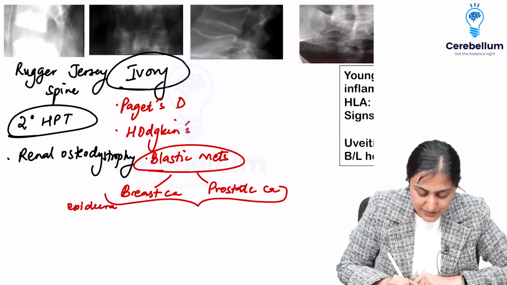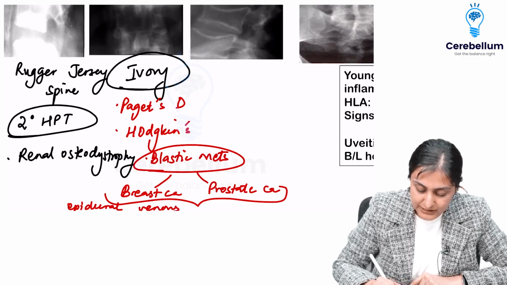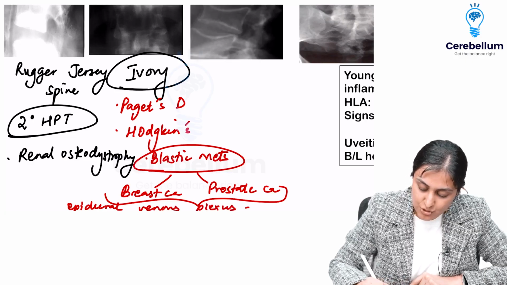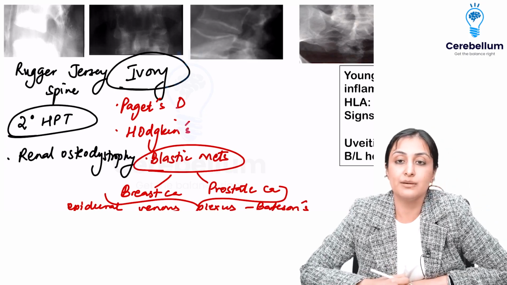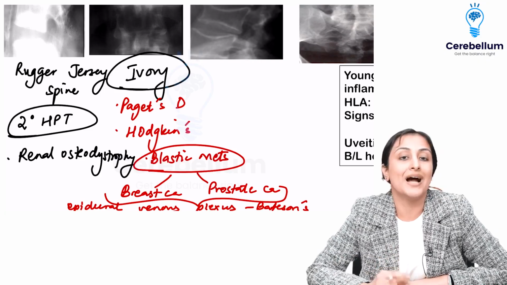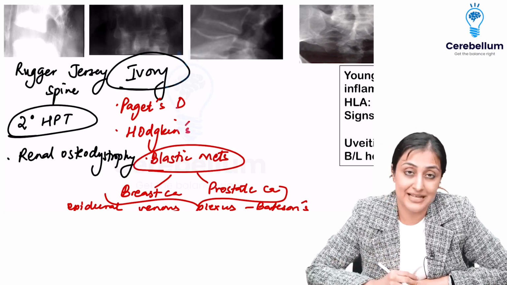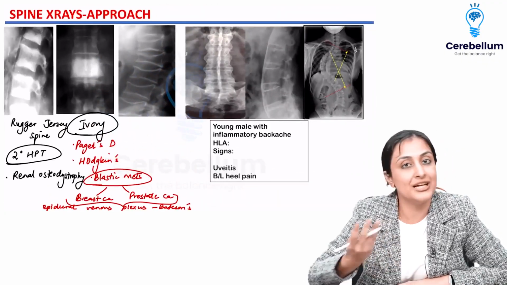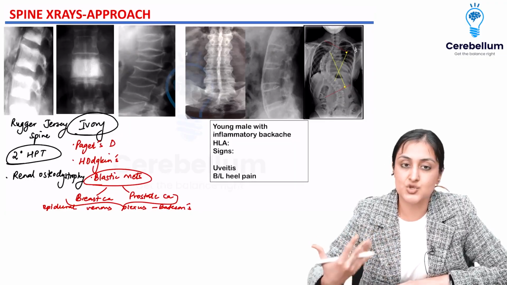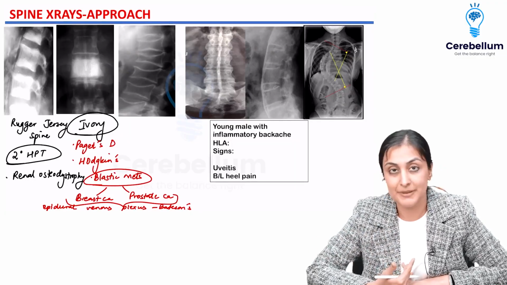Both of them spread via the epidural venous plexus, which is called Batson's plexus. So both of them reach the spine via Batson's venous plexus. So this is what you need to know about white ivory vertebrae: three differentials, Paget's, Hodgkin's lymphoma, blastic metastasis.